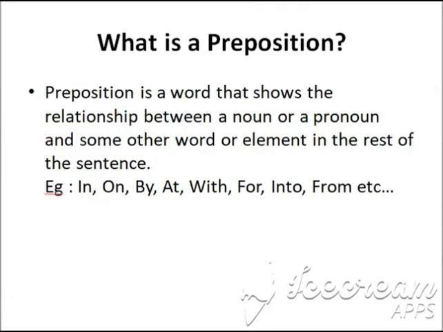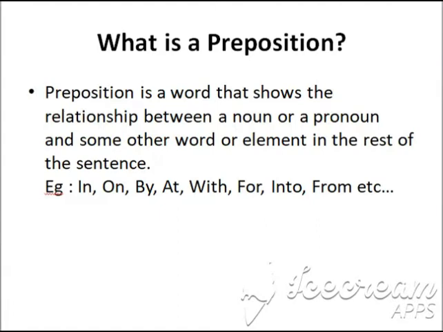A preposition is a word that shows the relationship between a noun or a pronoun and some other word or element in the rest of the sentence. While making a sentence in English, we use prepositions to make a relationship with the other elements in the sentence.